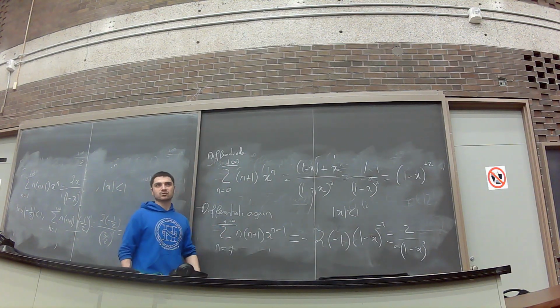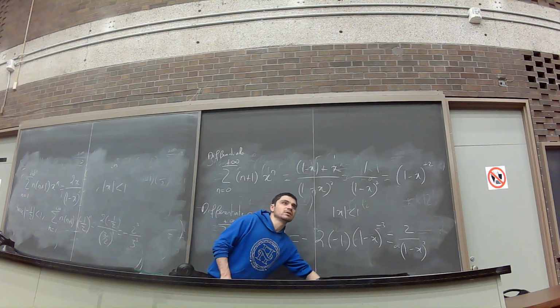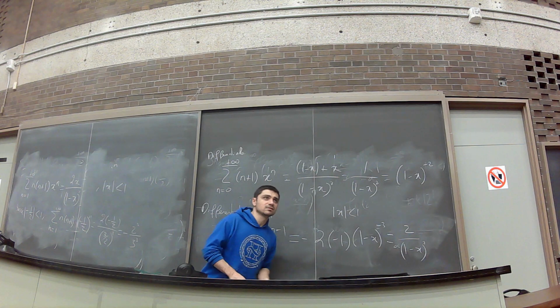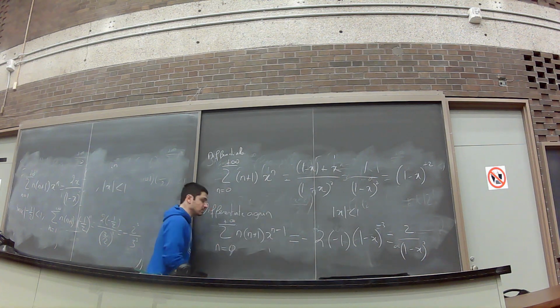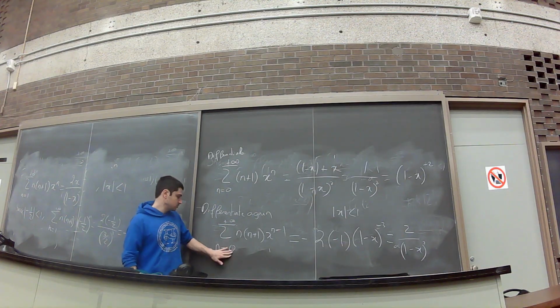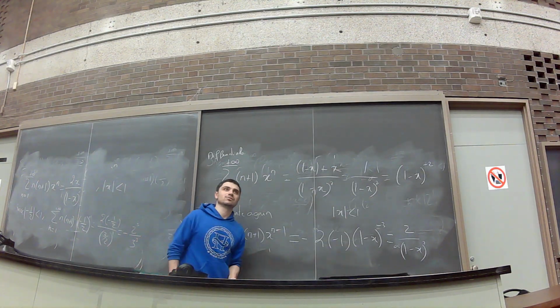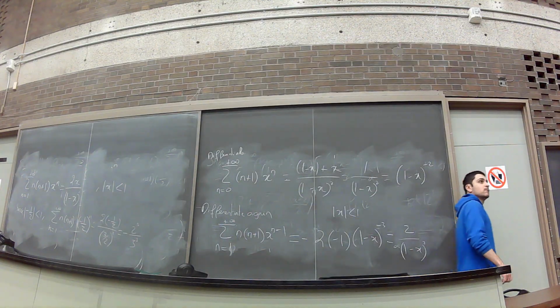I just don't want to write x to the minus 1. But it's still the same. You can still put n equals 0, it doesn't change anything. Start with the first term, what do you get? 0. So why not start with n equal 1? If the first term is 0, why do you want to start with n equal 1?